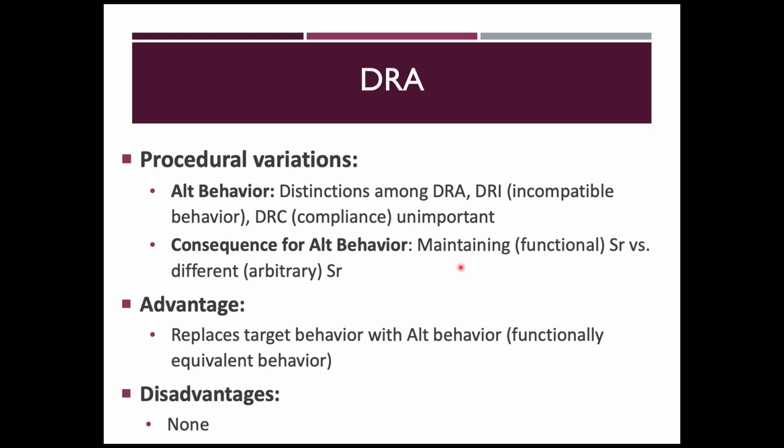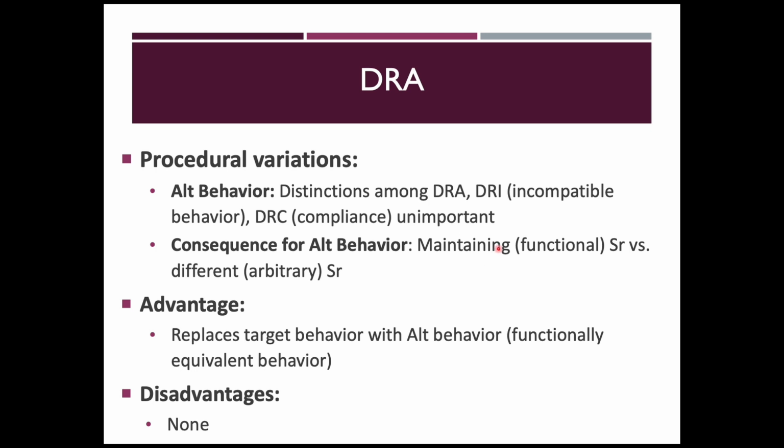These distinctions are not particularly important. They may be helpful in terms of indicating what form of differential reinforcement of alternative behavior is being used, but essentially all of these reference an alternative behavior.